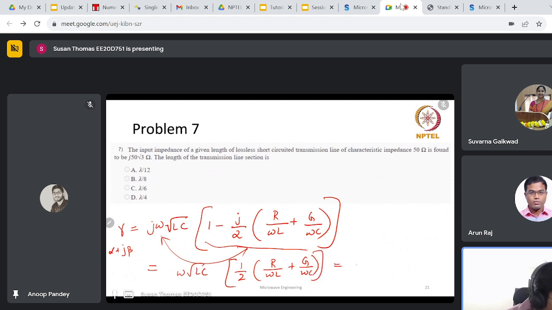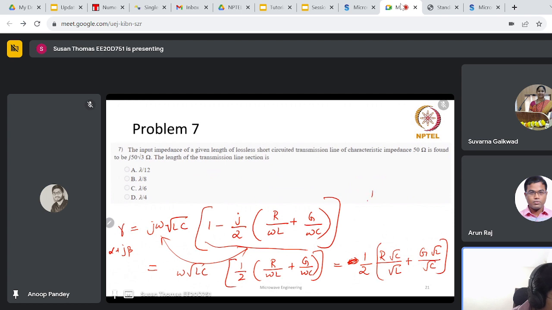If I expand it, omega gets cancelled. So half into r root of c by root L, plus, multiplied by the second parameter, g root c root L. And you know that root of L by C is Z naught.